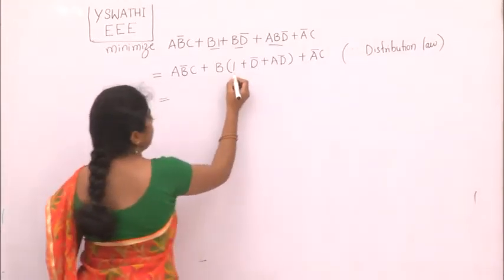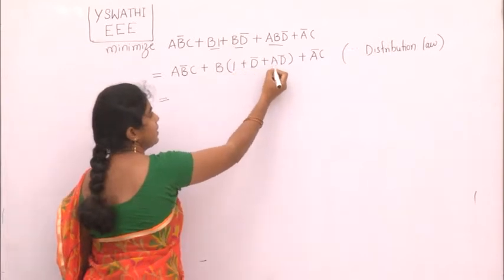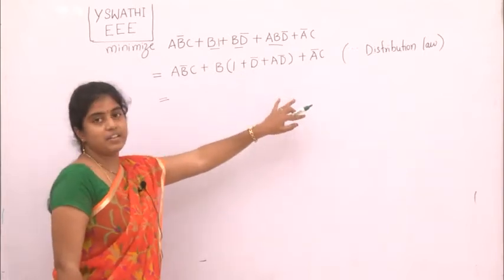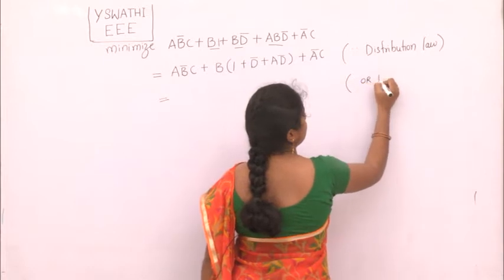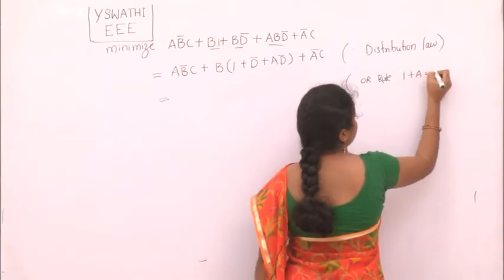Now here you can see that 1 plus D bar plus A D bar, and from our rule, 1 plus anything is equal to 1. From our rule, 1 plus A is 1.